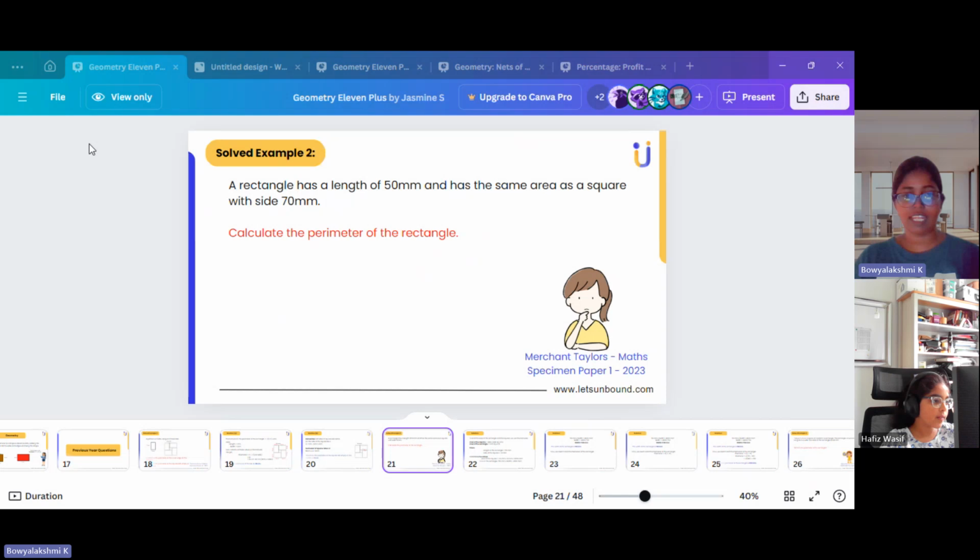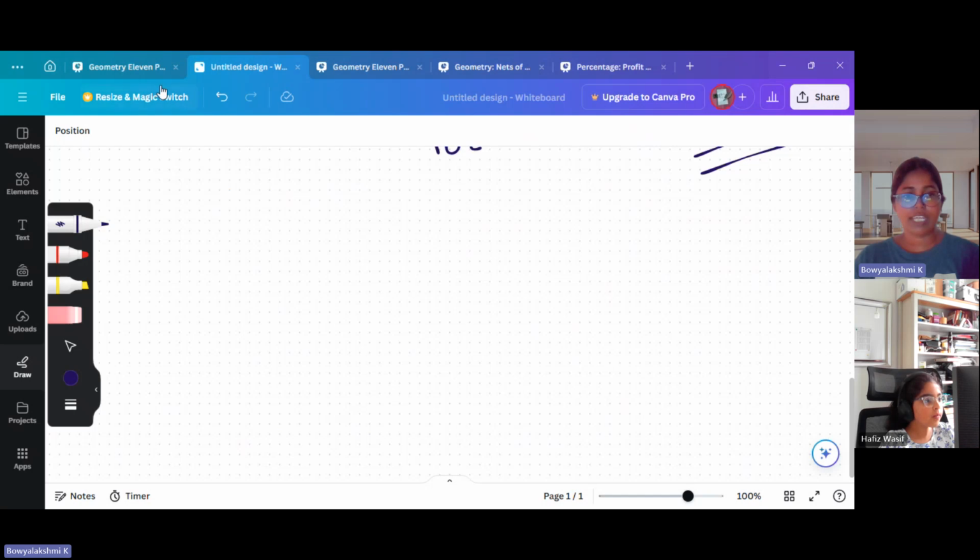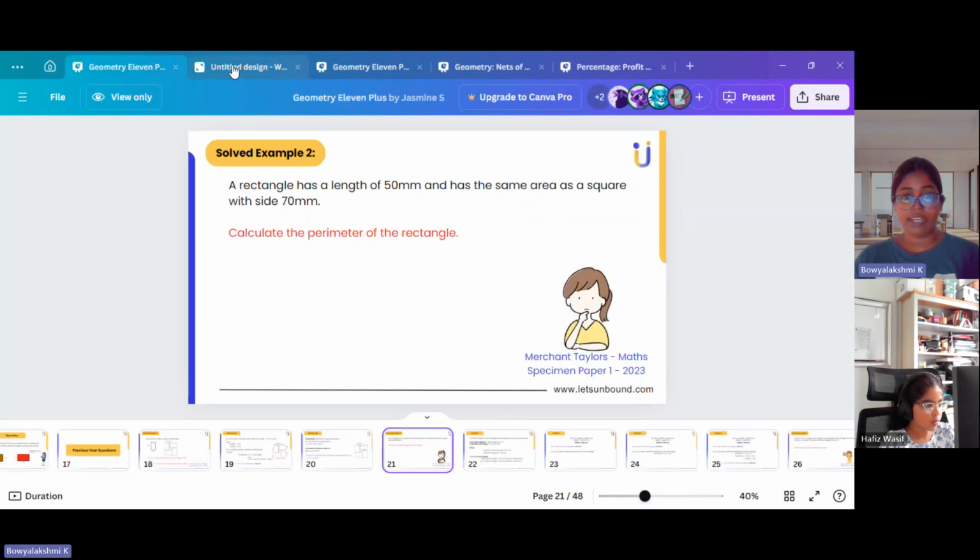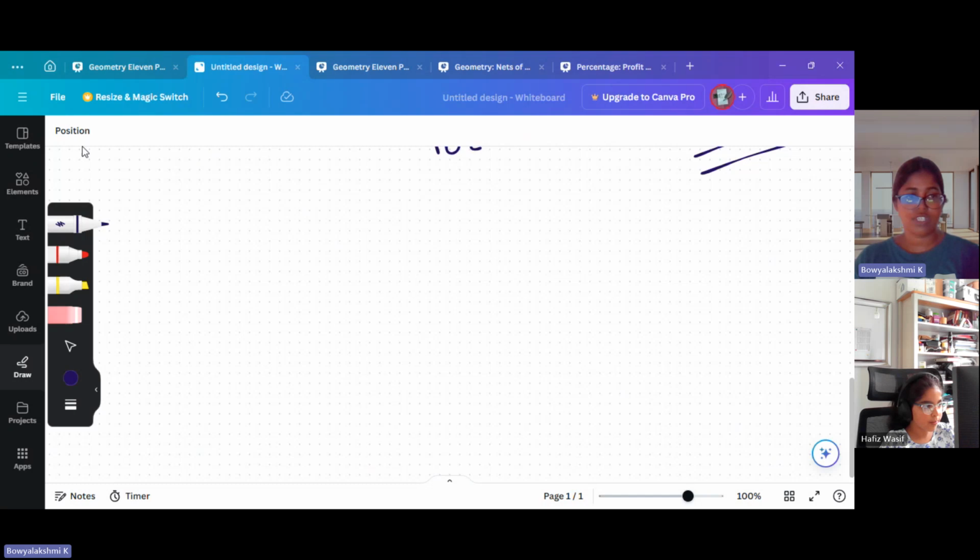A rectangle has a length of 50 millimeter and has the same area as a square with side 70 millimeter. There's a rectangle, there's a square, and something is given, something is missing. So what we need to find is the perimeter of the rectangle. Okay, so let's draw the diagram. A rectangle has a length of 50 millimeter. Let's draw that first.